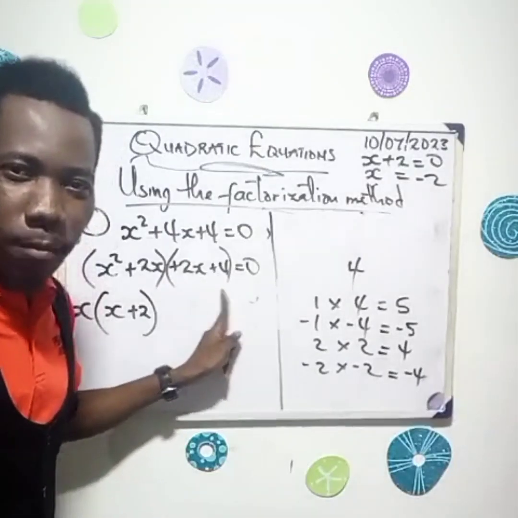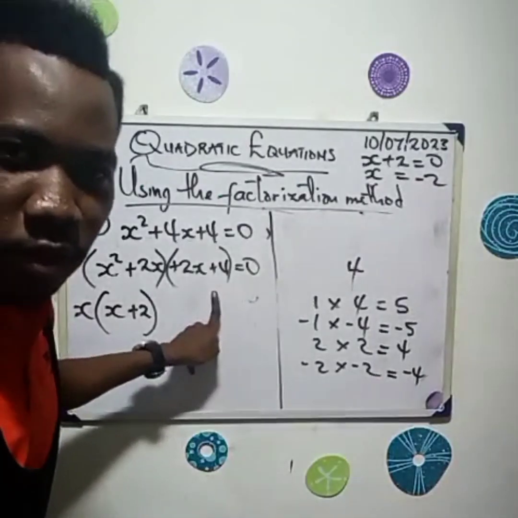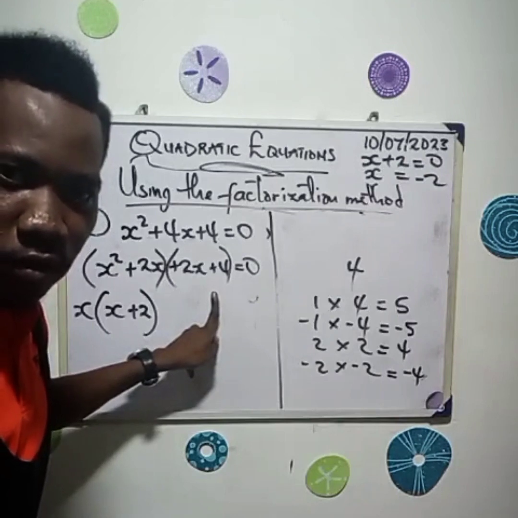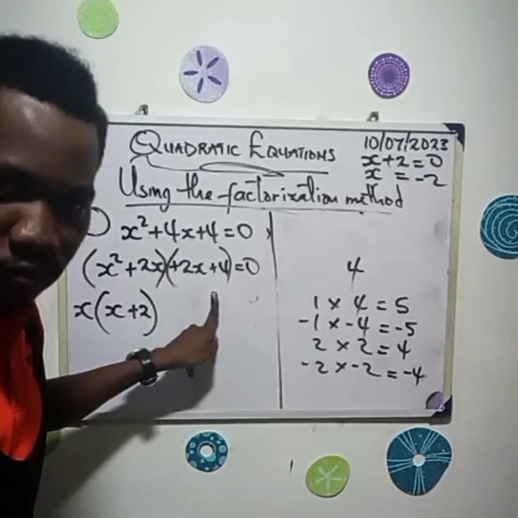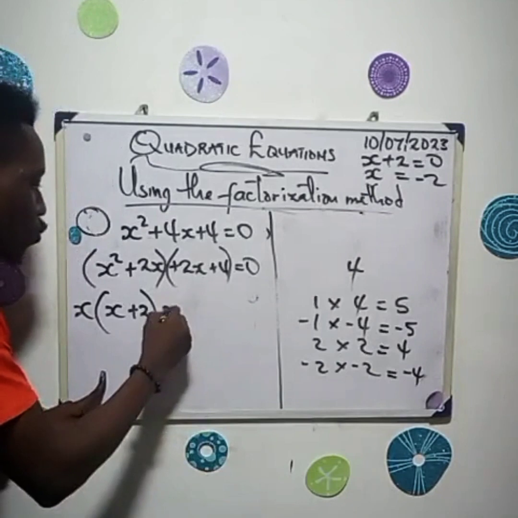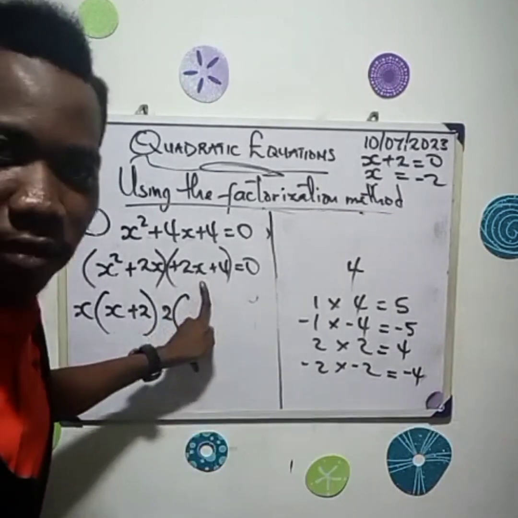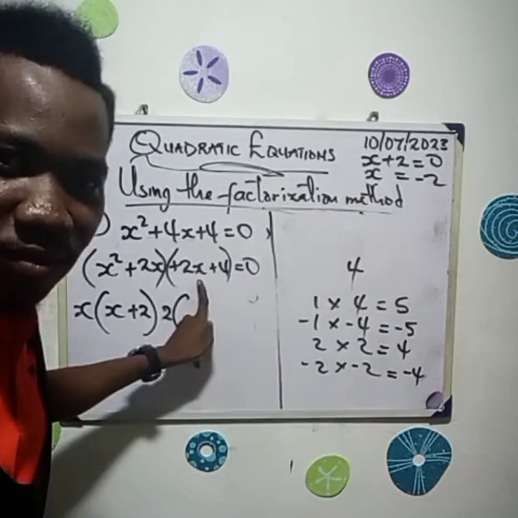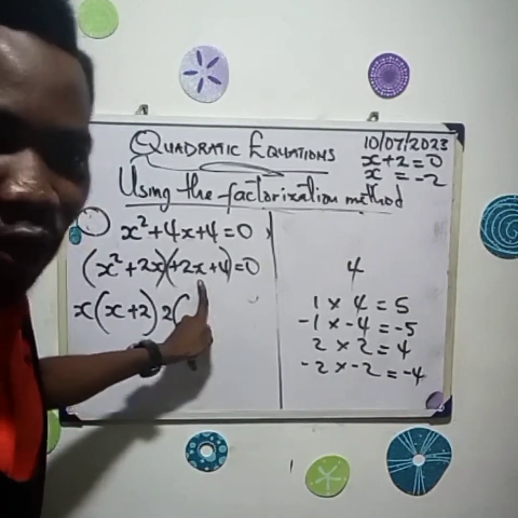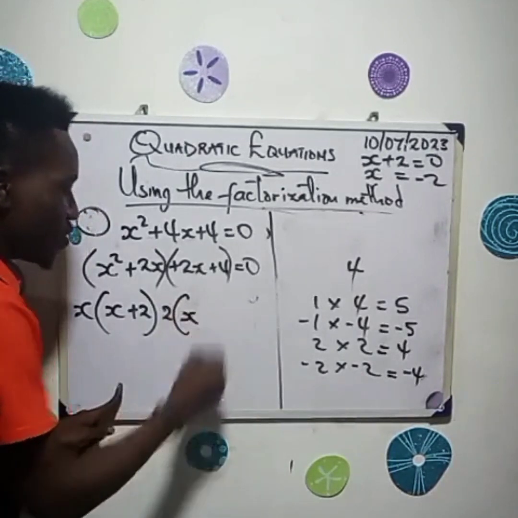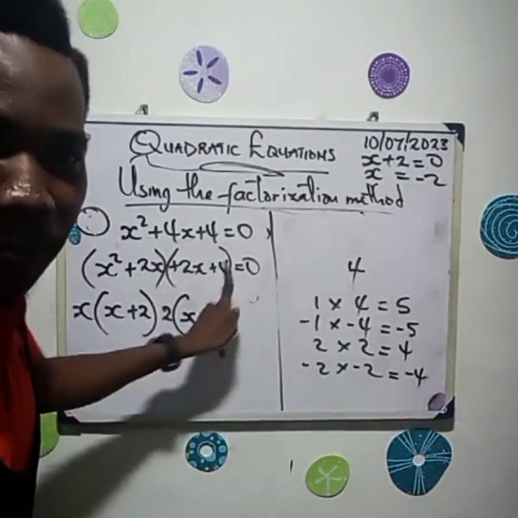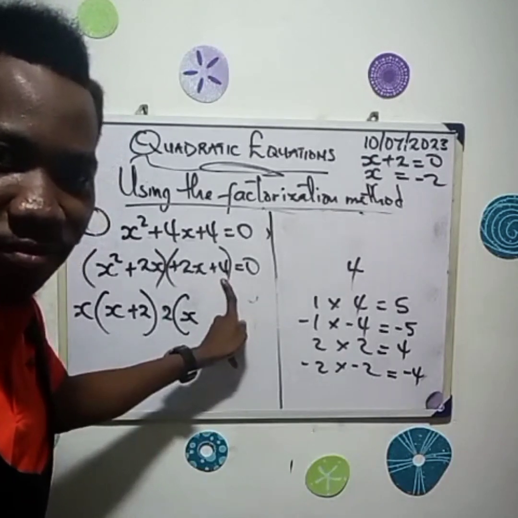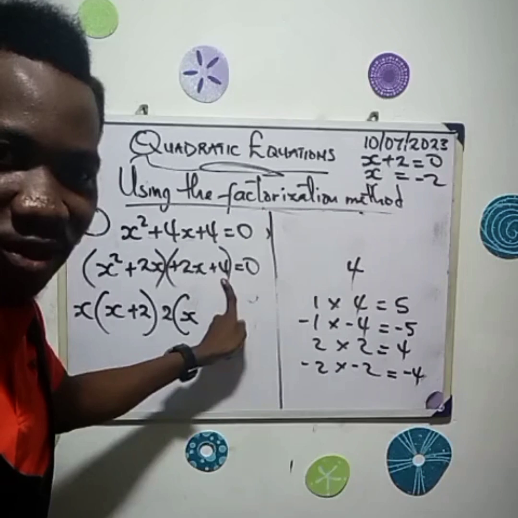Factorizing also. What's the common factor of plus 2x and plus 4? 2. So plus 2 also. 2 times what will give us 2x? 2 times x. 2 times what will give us plus 4? 2.